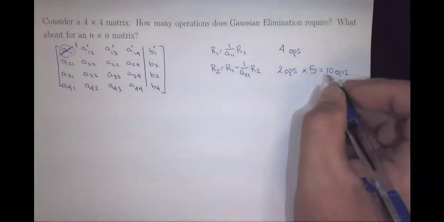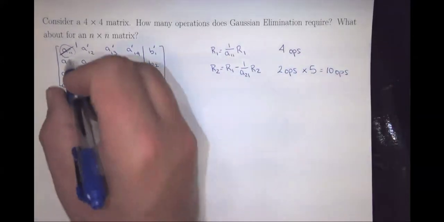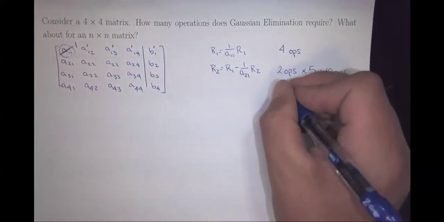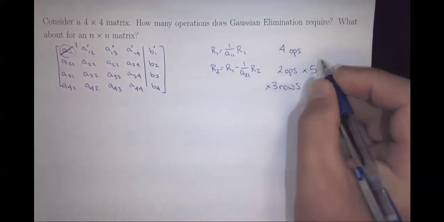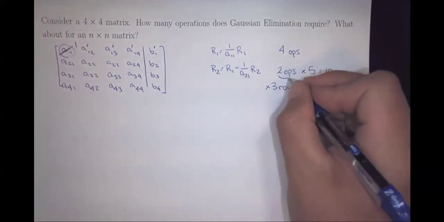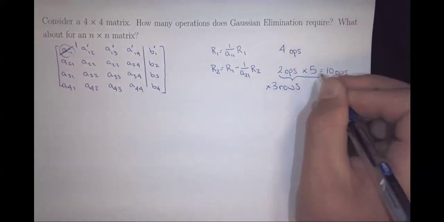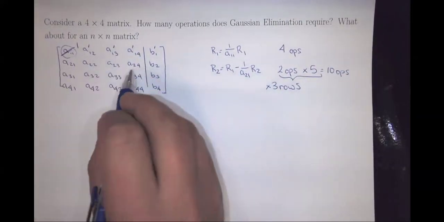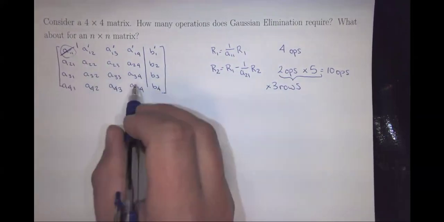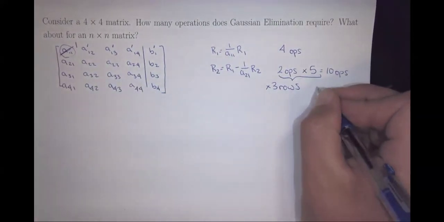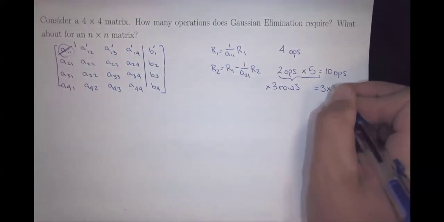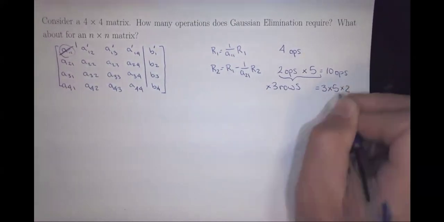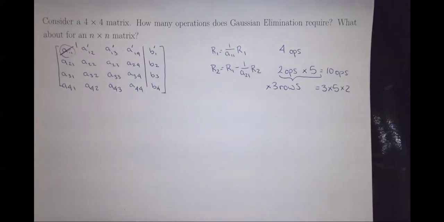Now you're going to have to do this for every row. So that's times 3 rows. So this is going to be done for row 2 and row 3 and row 4. So in total, this is going to be 3 times 5 times 2 total operations.